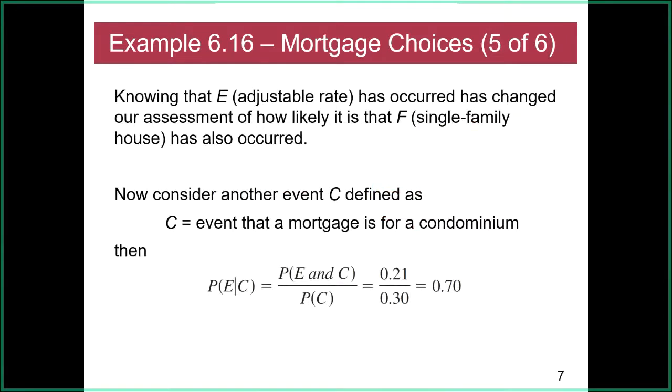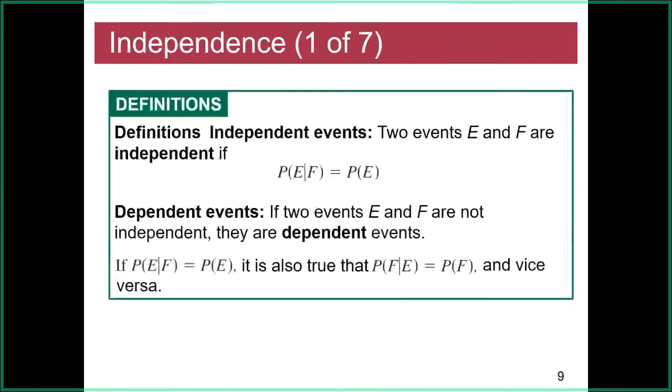So we could look at the probability of being adjustable rate given that it's a condo. That's also 0.7. Notice the fact that those two are the same means that the type of mortgage is independent of the type of household. So the probability of having an adjustable rate mortgage given that it's single family is the same as the probability of just having an adjustable rate mortgage out of all of the homeowners.